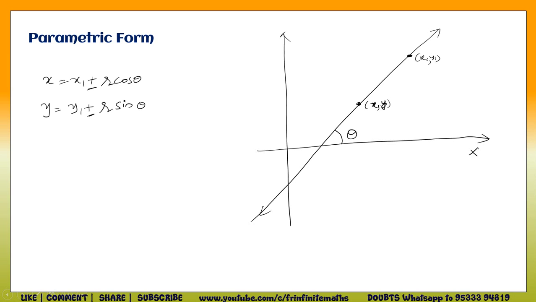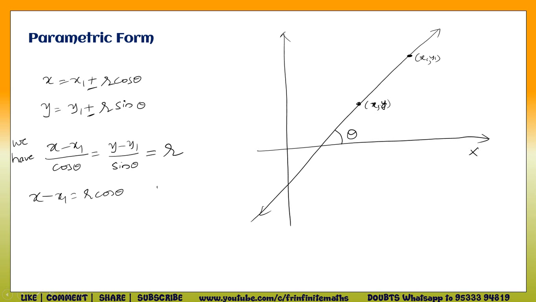From the symmetric form we have (x - x1)/cos theta = (y - y1)/sin theta. Since these two are equal, I am considering this equal to some parameter r. Since these are proportional, on comparing, x - x1 = r cos theta, and the same way y - y1 = r sin theta.